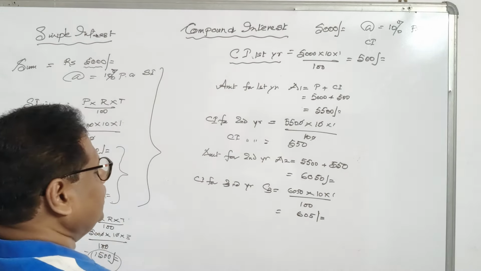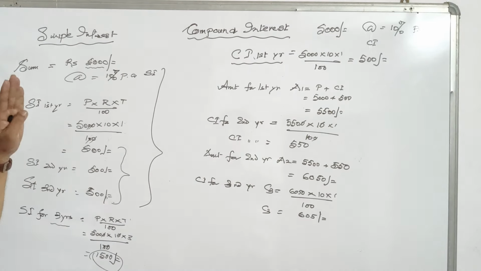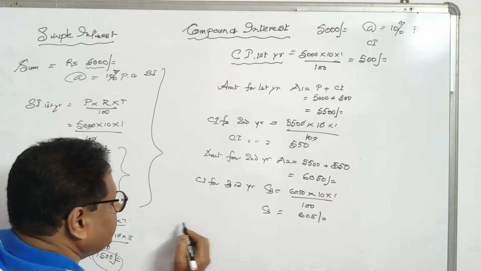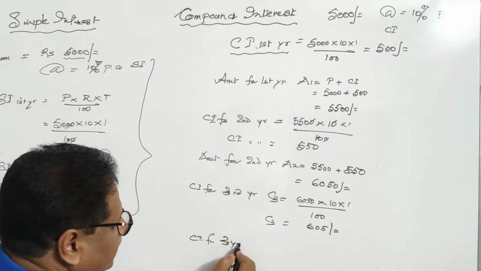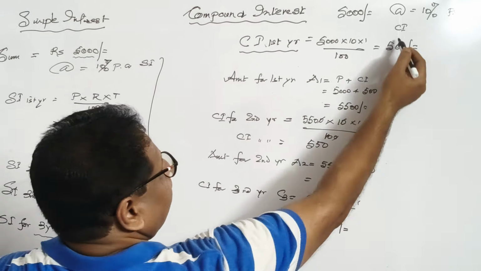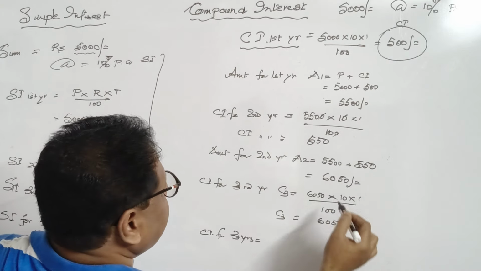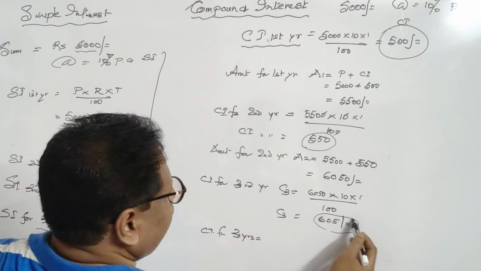Now, just compare the CI for 3 years and the SI for 3 years. So here the CI for 3 years includes the CI for the first year, that is rupees 500, the CI for the second year, that is 550, and the CI for the third year, that is 605.